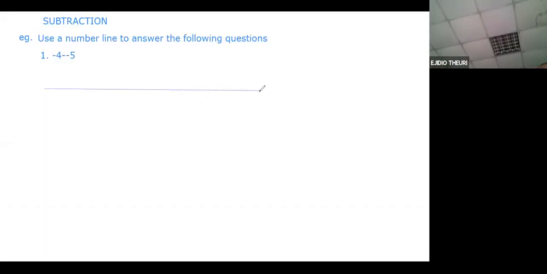So I expect you to be drawing a number line right now. You're supposed to draw a number line first. That's a number line.